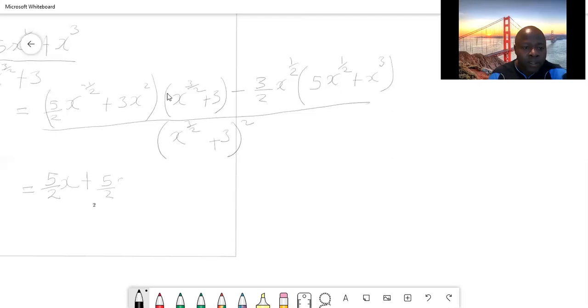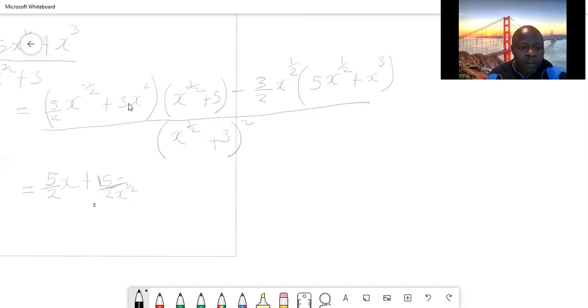This one gave us this. So this will give us 15 over 2. It's this x raised to that I want to put in the denominator. And so if I put it there, it will be raised to a half, because it's a minus here. So we are done with this, and then that.